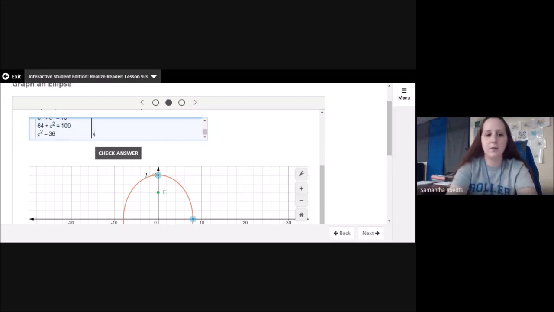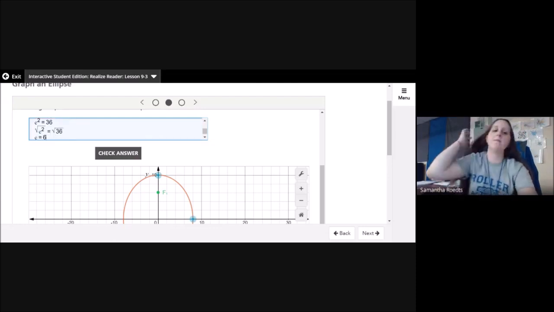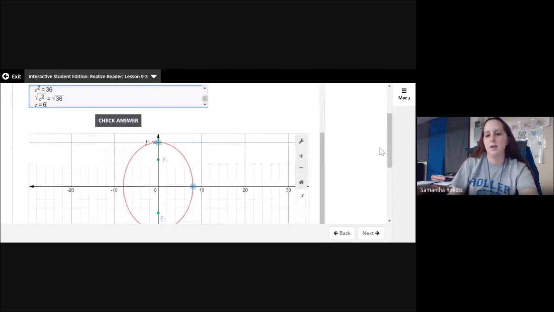So the square root: c equals 6. So that means my foci are at (0, 6) and (0, -6). So 2, 4, 6. Yep, they're right there. So you can see them.